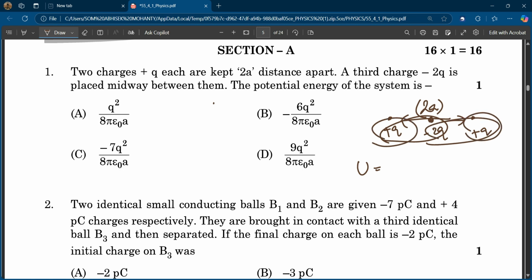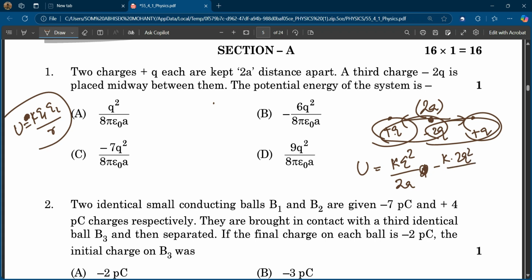First of all, we know the potential energy formula is K Q1 Q2 by R. So K into Q square by 2A, plus minus K into 2Q square by A, minus K into 2Q square by A. Okay, so we just have to add it.